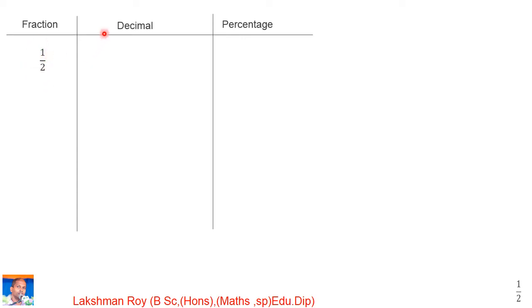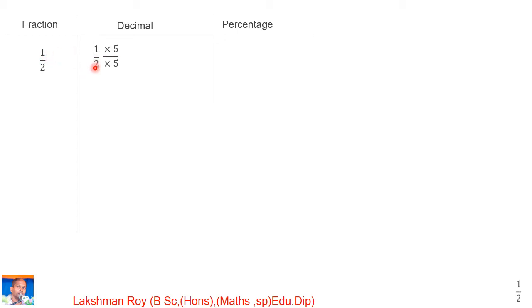One method is, students, you can make this half's denominator a multiple of 10. That means if you can make 10 or 100 or 1000 or like that, easily you can write this fraction as a decimal number.